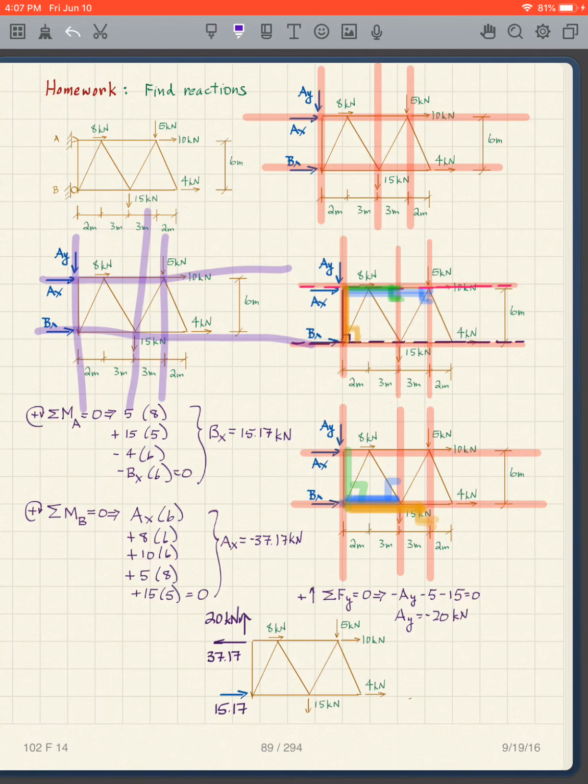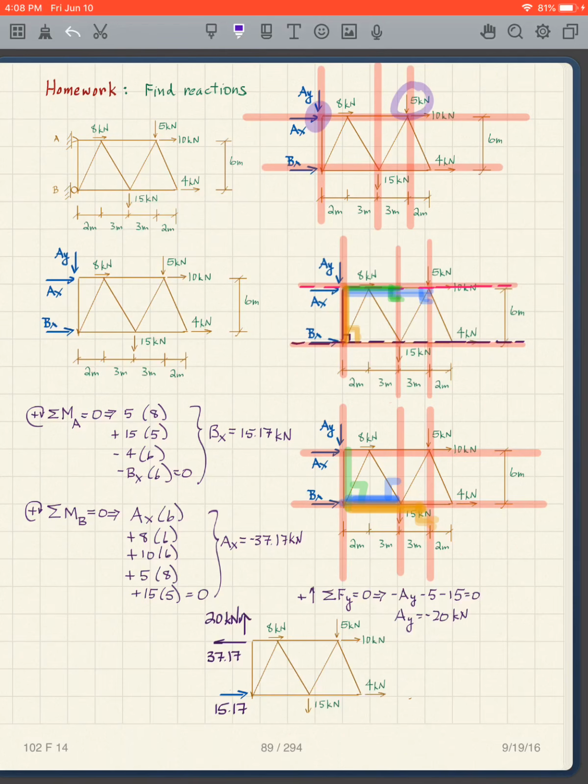All you have to do is look at all the forces. Now that you have all the lines of action, for instance, I can take moments about point A, and since I see the lines of action of all these forces, I can go one at a time.